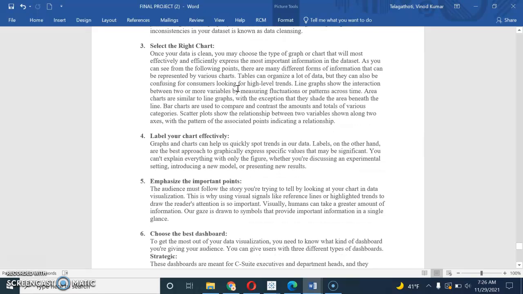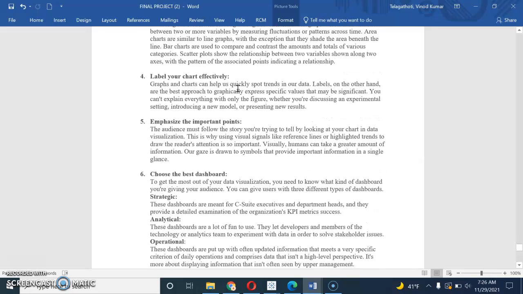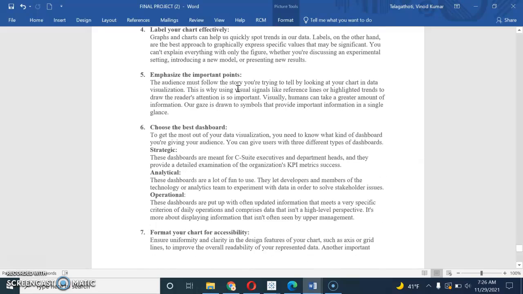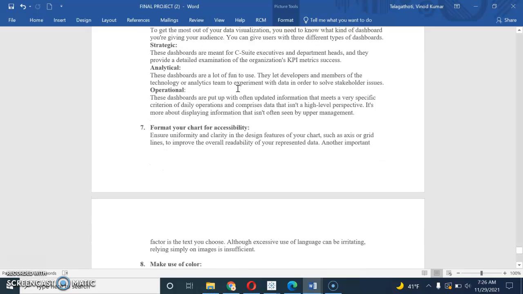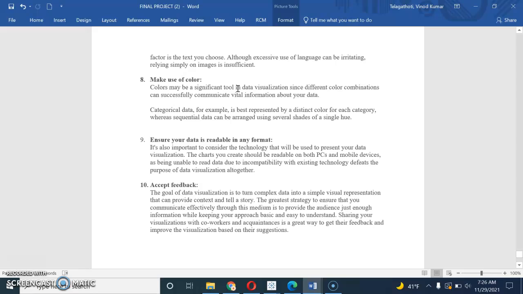The relationship between two variables shown along axes can be shown with scatter plots. Labeling is also important as discussed above, and these are the things we have to mostly focus on. And accepting feedback is also important because we should get feedback from the audience on what they have received. Furthermore, we can increase our visualization techniques and talents.